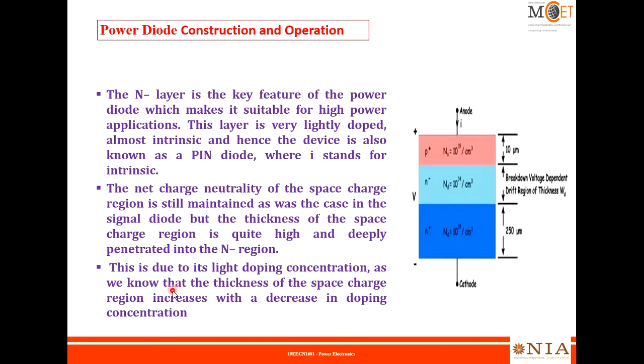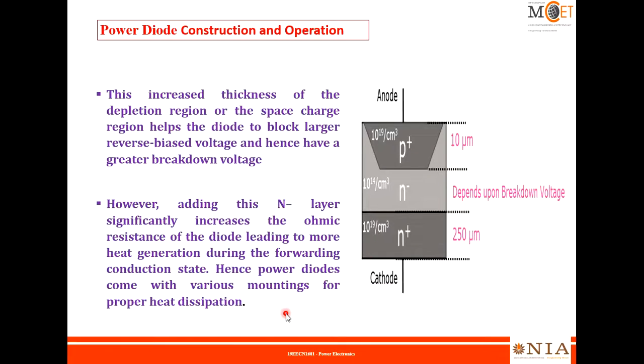This is due to the light doping concentration, as we know that the thickness of the space charge region increases with a decrease in doping concentration. This increased thickness of the depletion region or space charge region helps the diode block a larger reverse bias voltage, and hence we have a greater breakdown voltage.